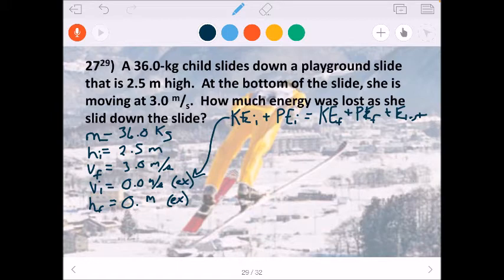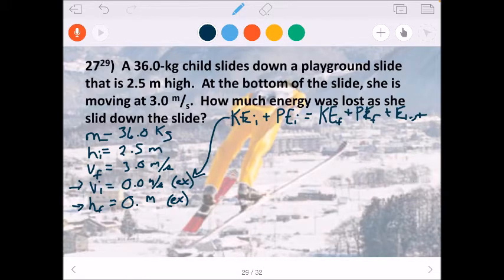I'm going to assume that my final potential energy is 0 because I'm assuming that the height at the end is at the ground level, which would be 0. I'm also assuming that my initial velocity is indeed 0.